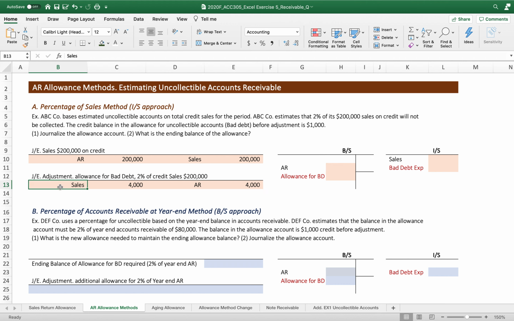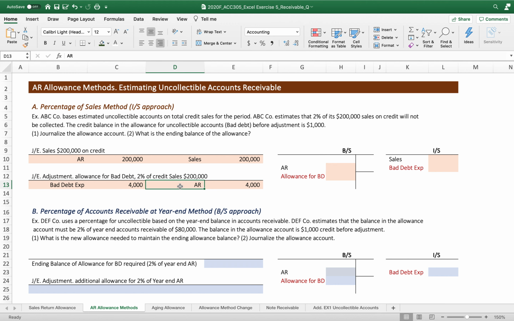So inevitably, we have to use a contra account, or negative account, that reduces the main account. First, to reduce the sales, we should use bad debt expense.